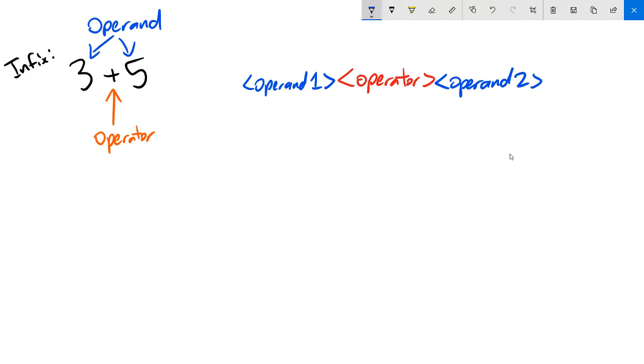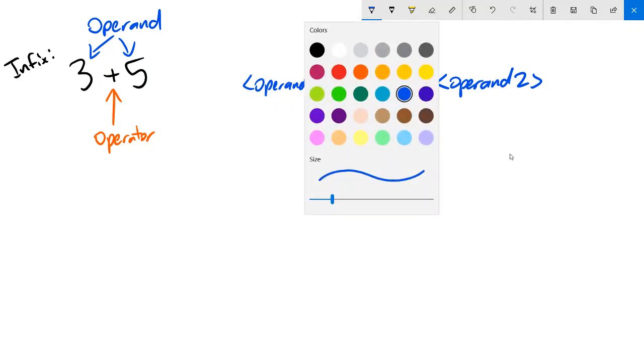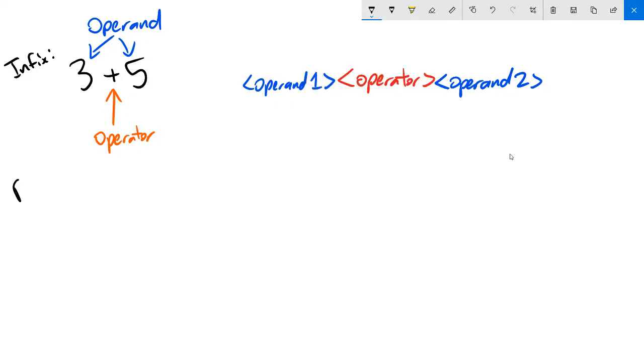Now we also have what we call prefix. So if infix, the operator, is inside or in between the two operands, what do you think about prefix? Well, quite simple. The operator is before the two operands. Alright, so the addition symbol is before the two operands, the 3 and a 5, that are being added.